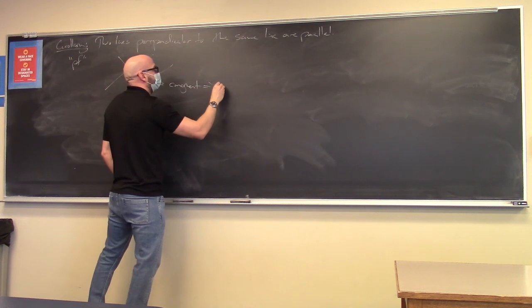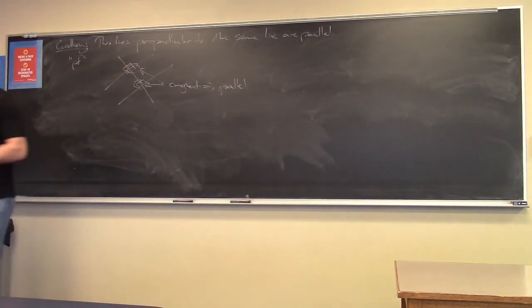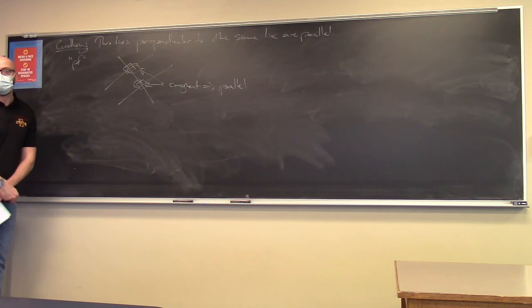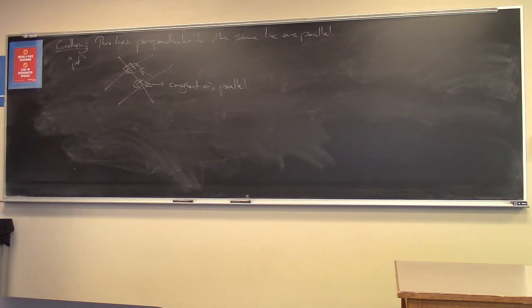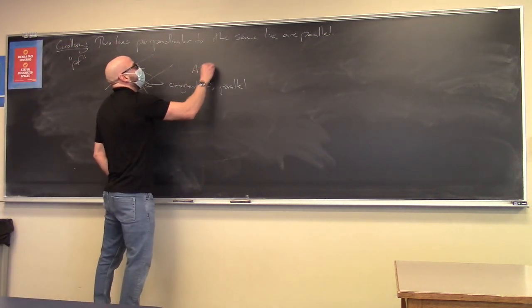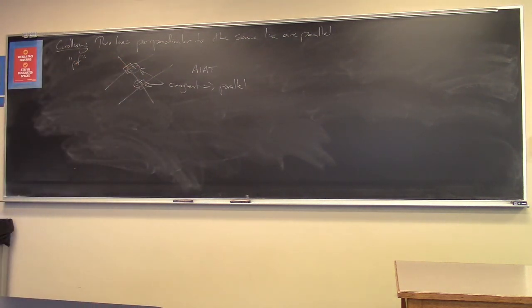So those two lines must be parallel. So very easy proof, right? It follows immediately from the alternate interior angle theorem. They're not just congruent; they're nice 90-degree angles.